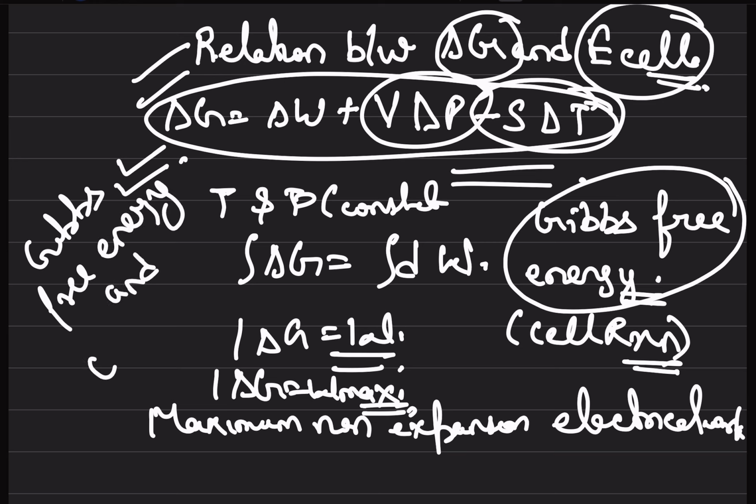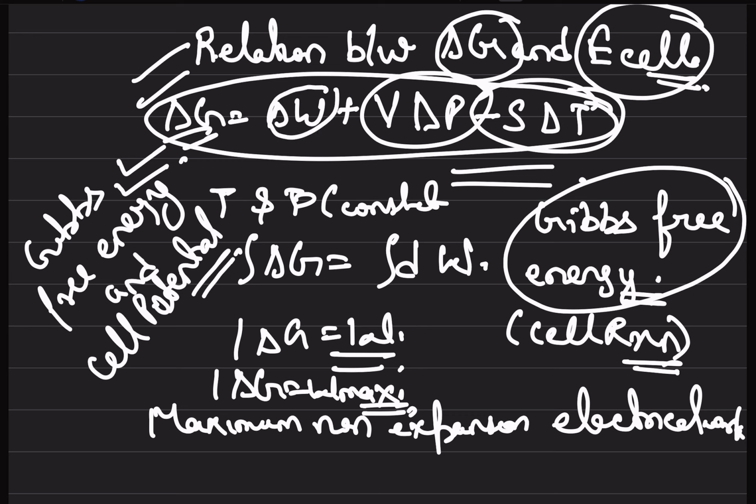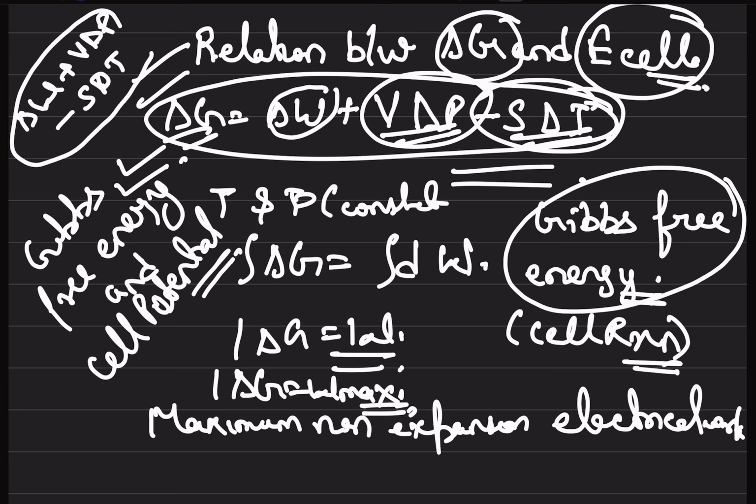So how is it defined? Delta G is equal to delta W plus V delta P minus S delta T. This is the relation used to connect delta G and E cell.